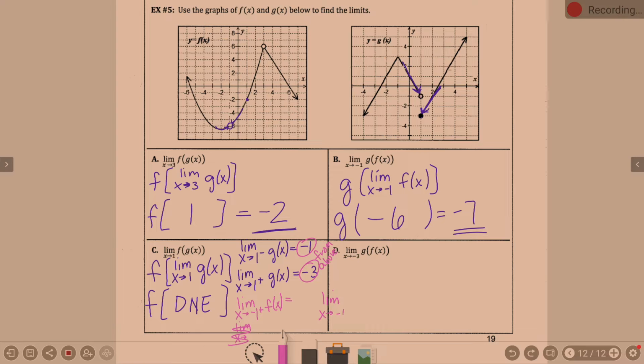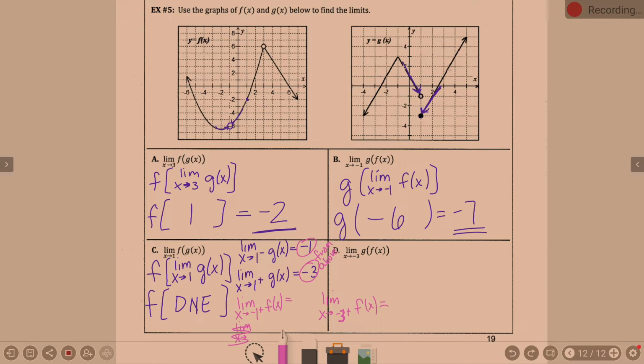Limit as x approaches -1 from the left. Nope, not -1. What was the other number? -3. Frustrated with myself, sorry. Limit as x approaches -1, because they both come from above, we're doing them from the right side. Limit as x approaches -3, right here, from the right, because the graph was coming in from above.